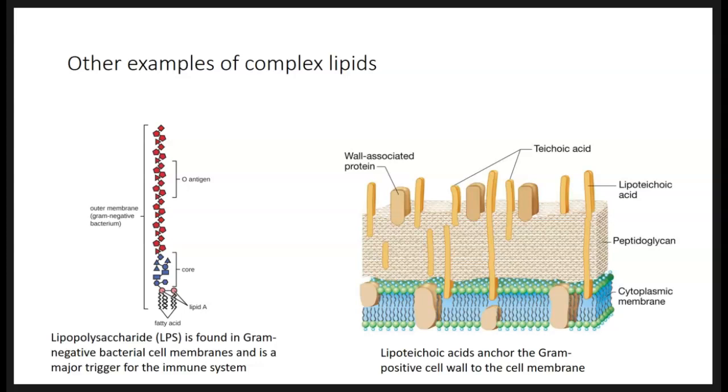All of these carbohydrates that are attached to the end of one of those glycerols form an important trigger for our human immune system in recognizing gram-negative bacteria. We also have lipoteichoic acids. Those are also carbohydrates that are bonded to a lipid that help anchor the cell membrane of gram-positive cells to the cell wall.